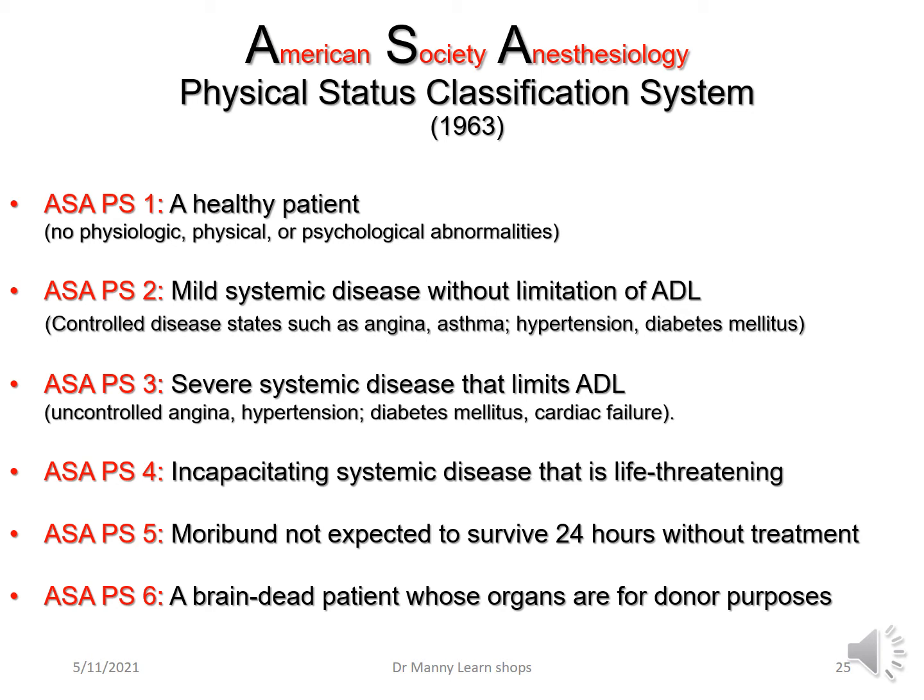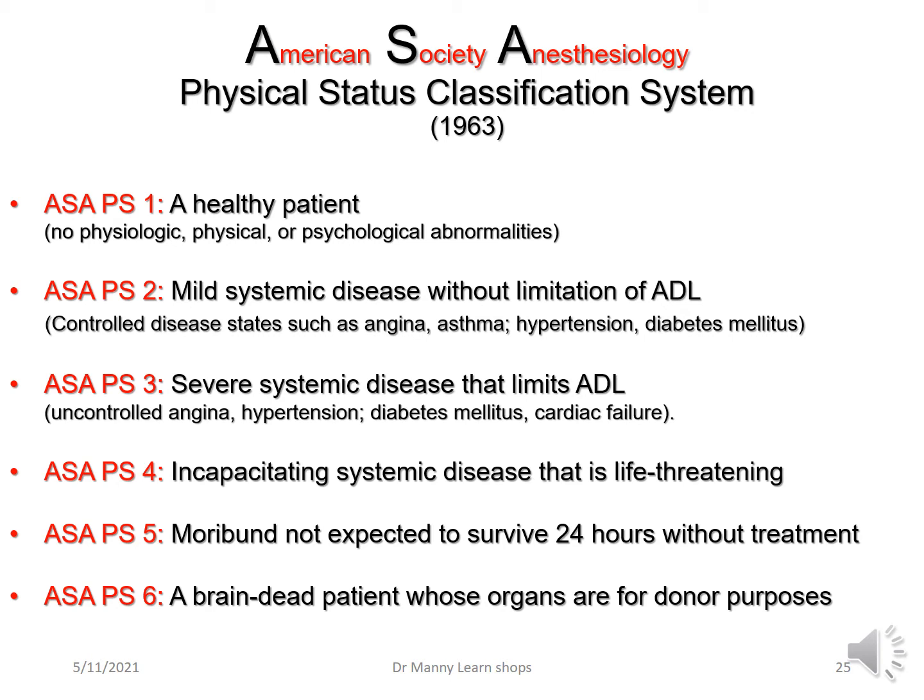Then you've got ASA Physical Status 3. And this is where you've got severe systemic disease that really does limit your activities of daily living. And this can be uncontrolled angina. This can be uncontrolled hypertension, diabetes mellitus, cardiac failure, and more. And that puts the patient at risk if they have procedural sedation. ASA Physical Status 4.